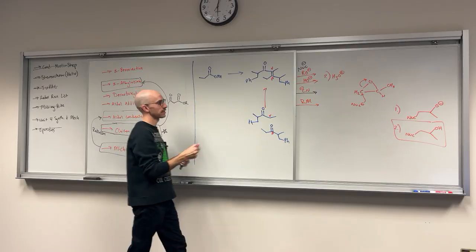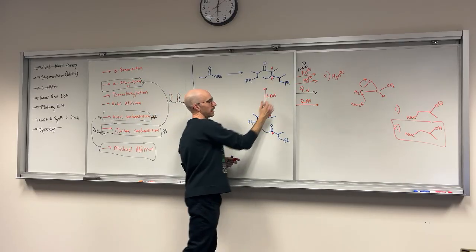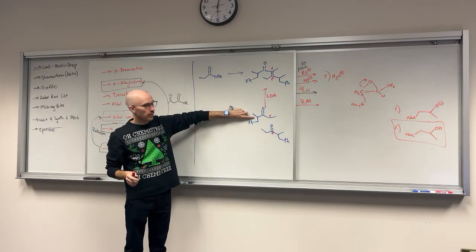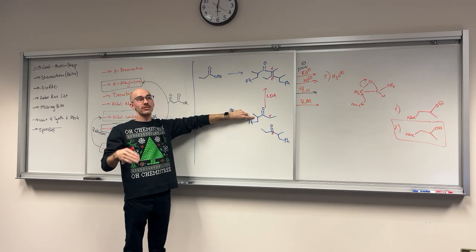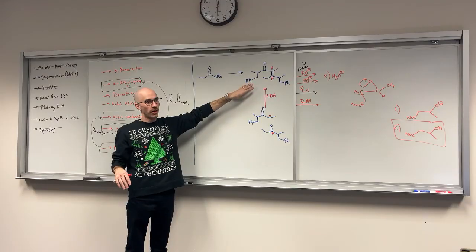LDA would be great. I would want half an equivalence of LDA. If I used NaOH, it will go to the more substituted carbon and make an enolate there, which means that I would only be able to run aldol addition. So it's possible that with hydroxide and heat, I can drive it to the condensation product.